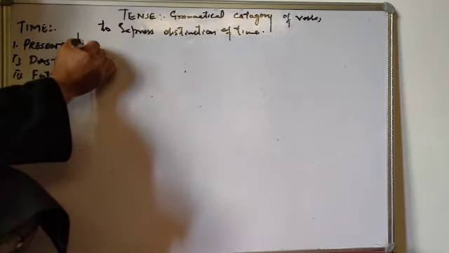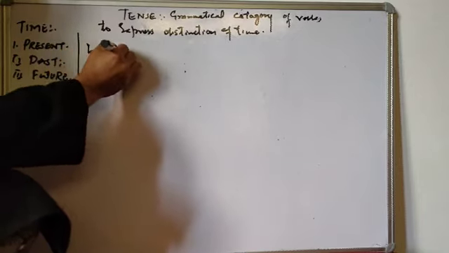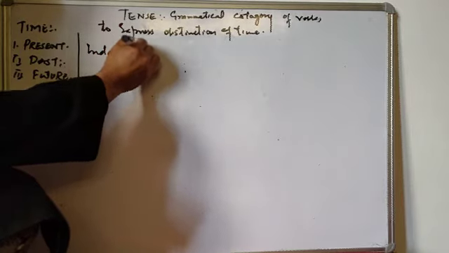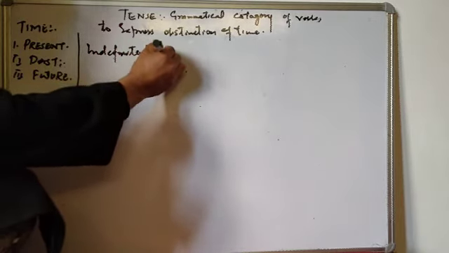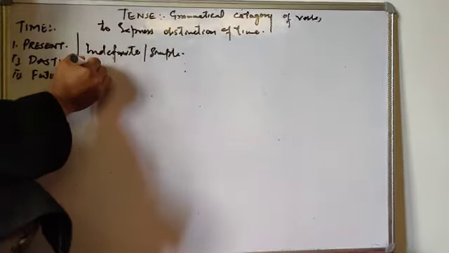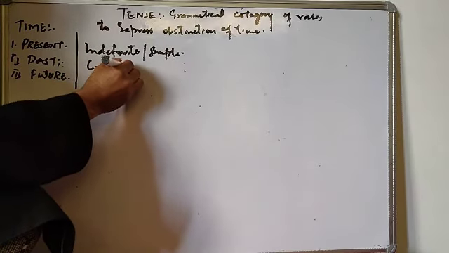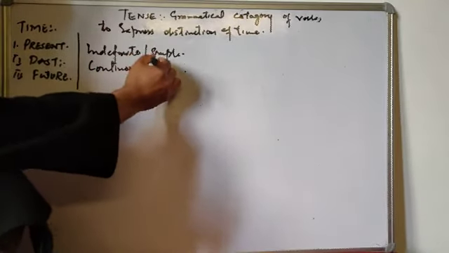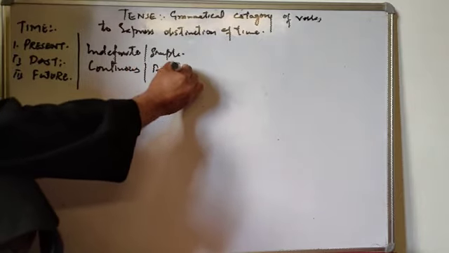We need to understand the four tenses. These are basically indefinite or simple tense. Number second is continuous or progressive tense.